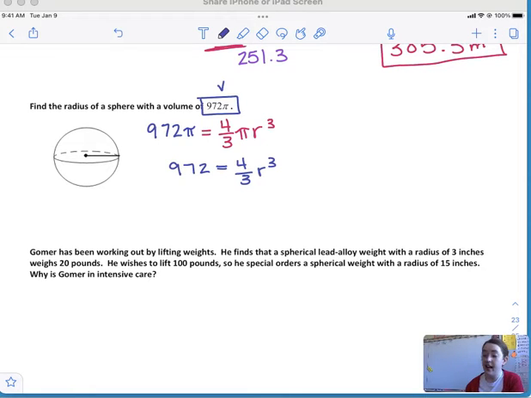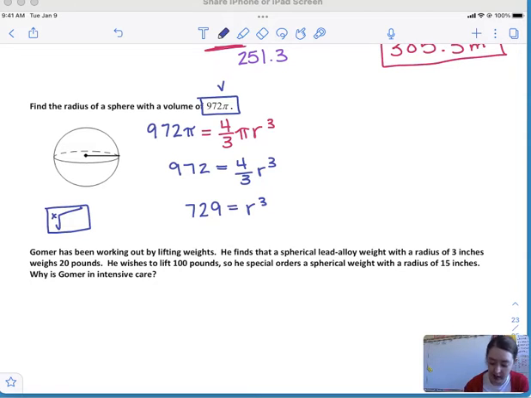Now we need to divide both sides by 4/3. So when we do that, we're going to get 729 equals r cubed. Now, to get rid of a squared, we take the square root, right? So to get rid of a cubed, we're going to take the cube root. If you press second and then the caret button, the button right above your square root, it has a little x and then a root.